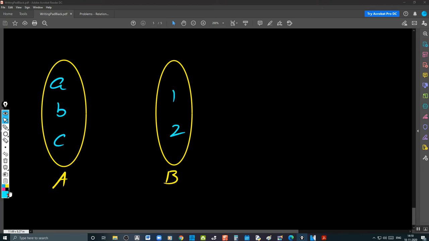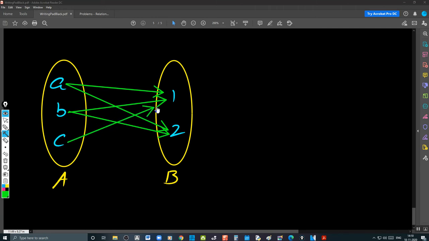Then if you map the relation between them, A to 1, A to 2, B to 1, B to 2, C to 1, C to 2, this is nothing but the cross product.